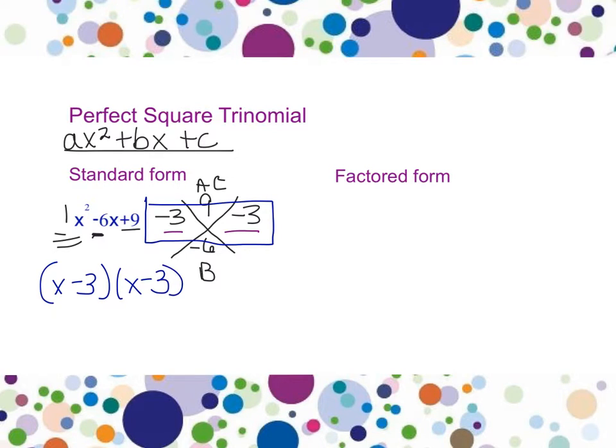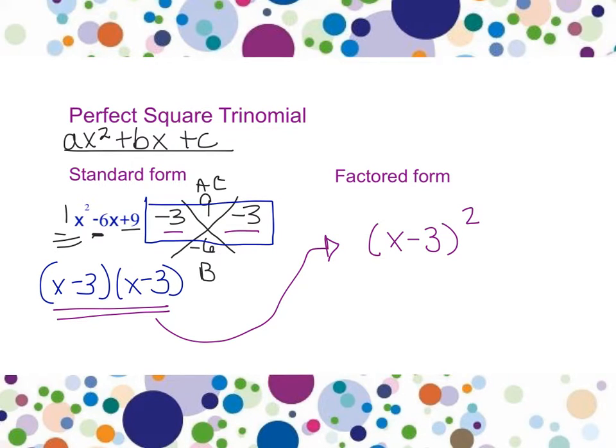And we really save ourselves sometimes with grouping. But the final way that we're going to write this, because it's x minus 3 times itself, is x minus 3 in parentheses squared. And that's the same as saying x minus 3 times x minus 3, like we have over here.